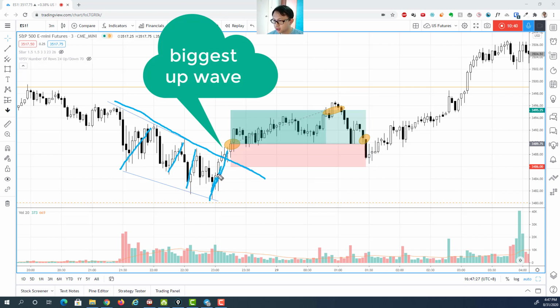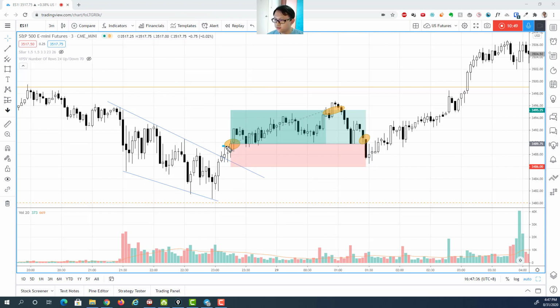This is definitely the biggest up wave or the biggest rally that we have seen from this descending wedge, followed by this horizontal type of consolidation or reaction as a test. So definitely this is the confirmation.